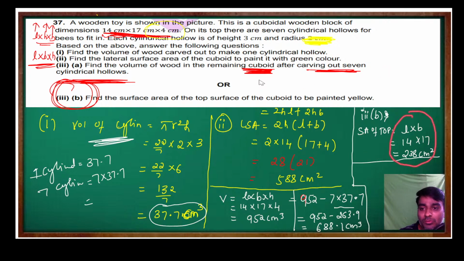If you know the LBH order, then only you will select 14 into 17, right? If you don't know this order, you may select any other two numbers, which will lead to a wrong answer. So that's the basic in this question: the LBH order.